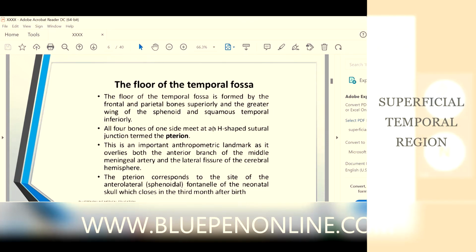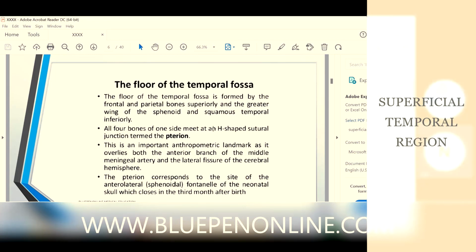Temporal fossa is the area on the side of the cranium from which the temporal muscle arises. Correct? Yes, ma'am. Then you tell me. And the boundaries: inferiorly by the zygomatic arch, superiorly and posteriorly by temporal lines, laterally by temporal fascia, and anteriorly by the frontal process of the zygomatic bone, ma'am.